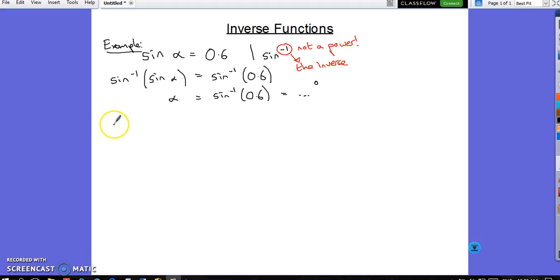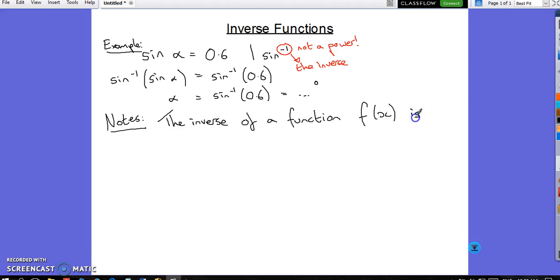So, notes. The inverse of a function f of x is f to the minus 1 of x.